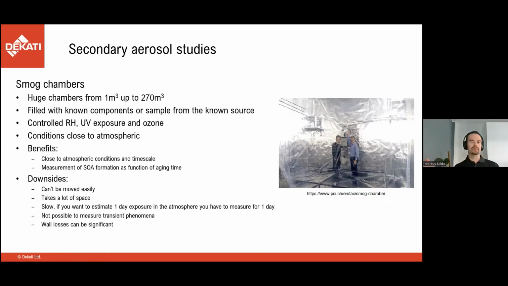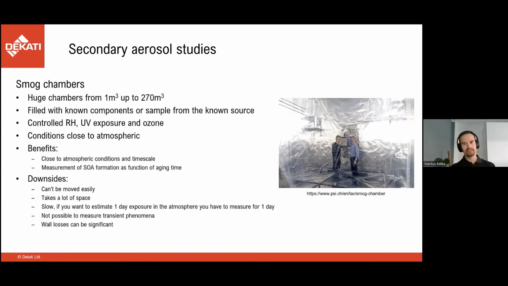This chamber is filled with a known mixture of aerosol sample. You have controlled conditions in the chamber. You have known humidity, so water concentration, the UV light exposure, and concentration of ozone. And these conditions are typically close to the atmospheric conditions.